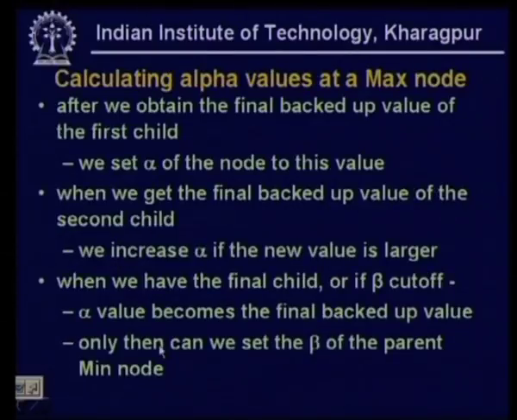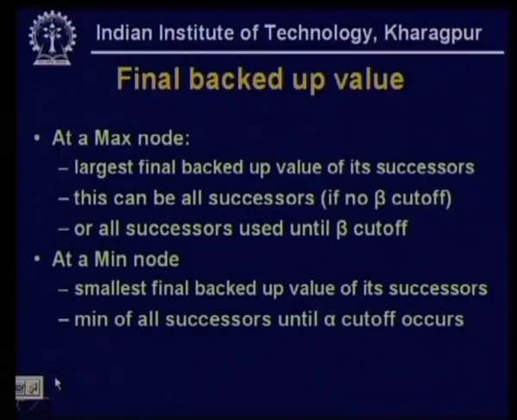Now, let us see how we can calculate the alpha values at a max node. When we are at a max node, we first evaluate the value of one of its successors. Let me just draw a diagram. Suppose this is a max node, and suppose it has these 3 min children.